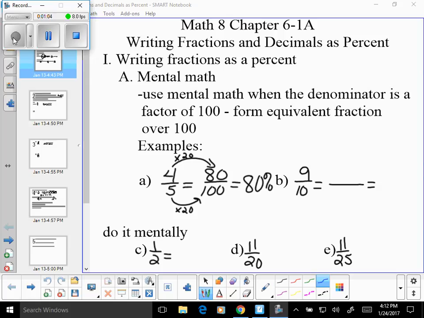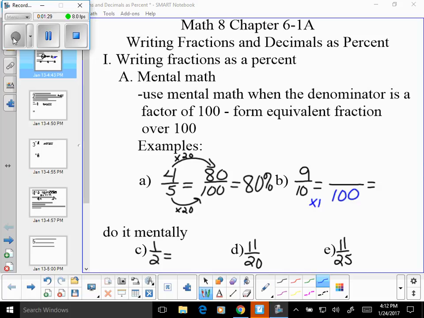Now, mentally, I think to myself, what number times 5 gives me 100? Then I multiply the numerator by that number, and I get to my new numerator of 80. Let's look at B. I know that I want a fraction with a denominator of 100. Think, what times 10 gives me 100?